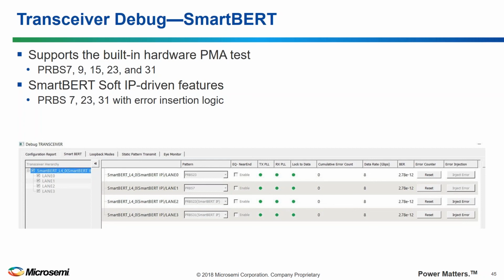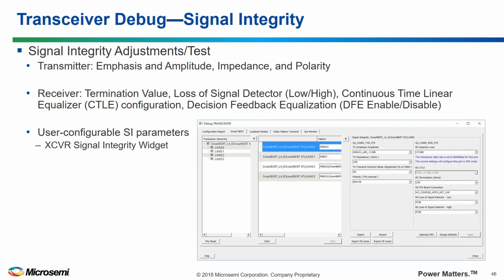We also have some soft IP called SmartBERT that you can use with the transceivers that allows you to run various different pseudo-random bit streams and insert errors. We have an error counter and so on. So you can display the lanes, see the status, inject errors if you want to, and see what the error rate is.